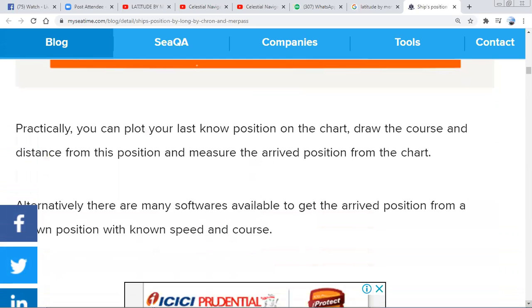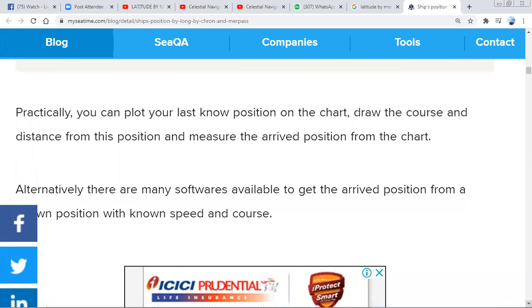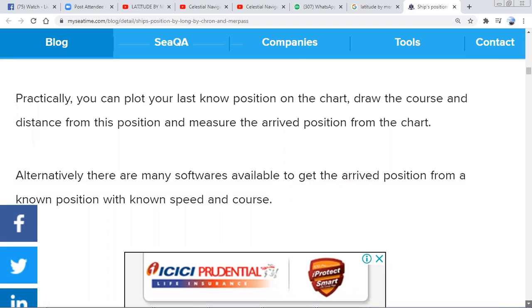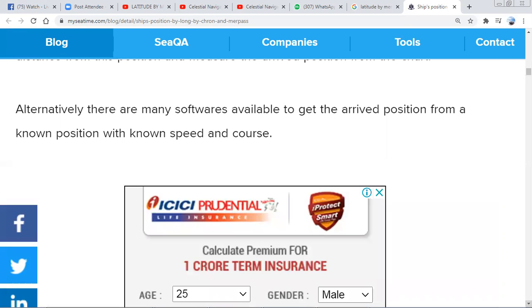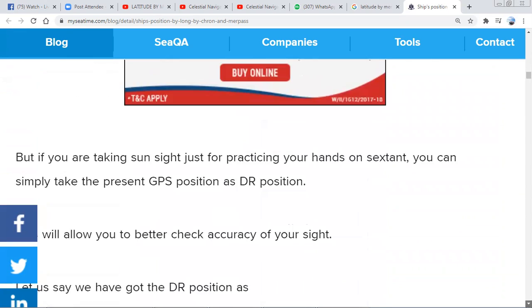Practically, you can plot your last position on the chart, draw the course and distance from this position and measure. Or if it is quite a long distance, you can use software.